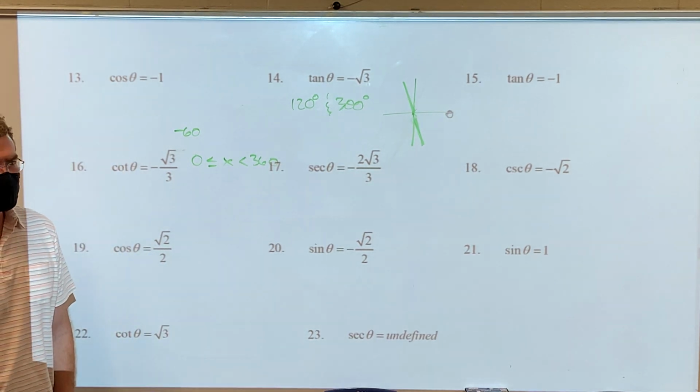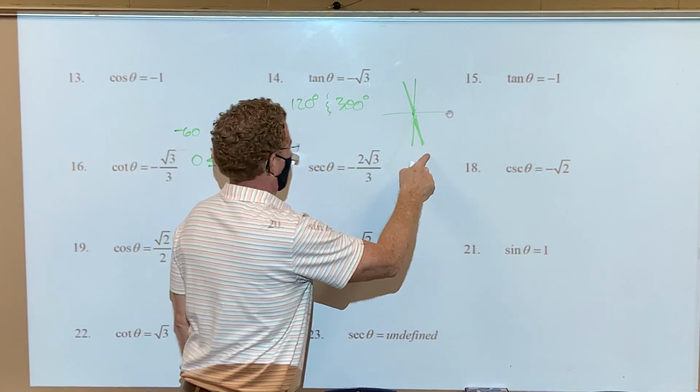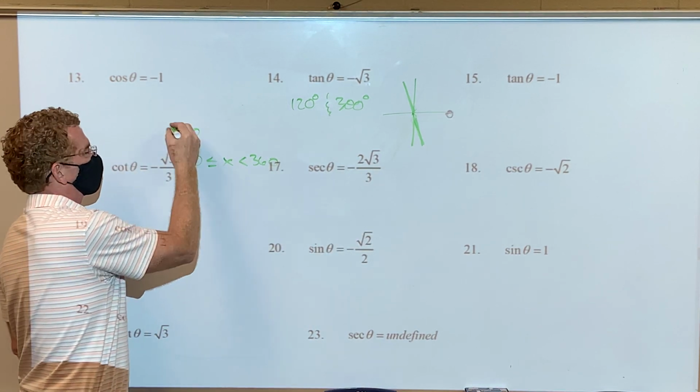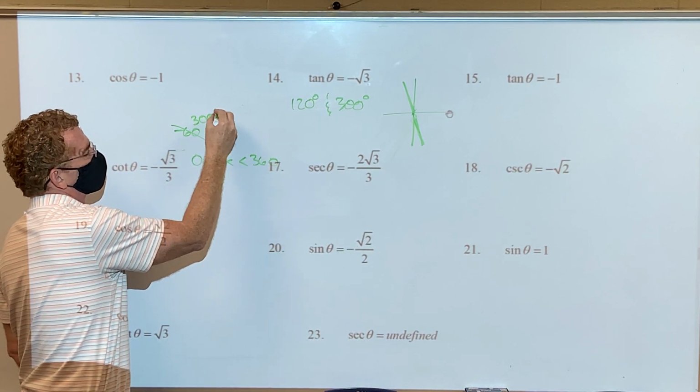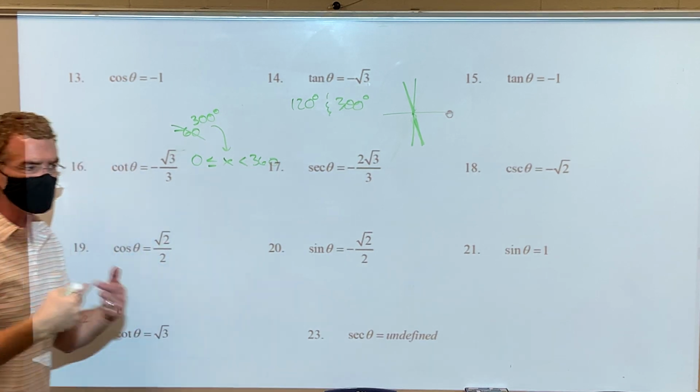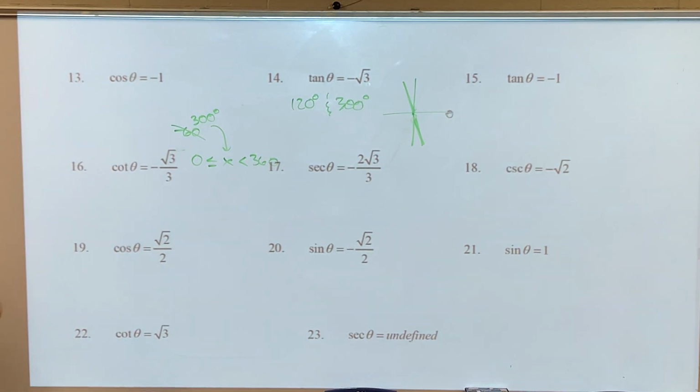Are you with me? So even though it's in the right location, it isn't in between there. You would have to say the coterminal angle 300 is, you can use that, but don't say negative 60 if that definition was given that way.